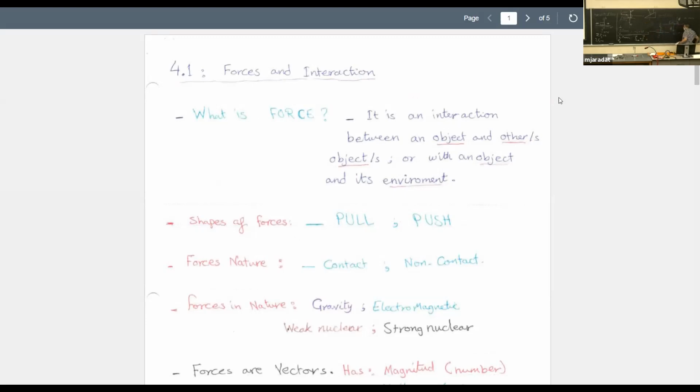The applied force, how much? It is 50 in the positive i direction. The friction force is 1.5 in the i direction, but with a negative sign.